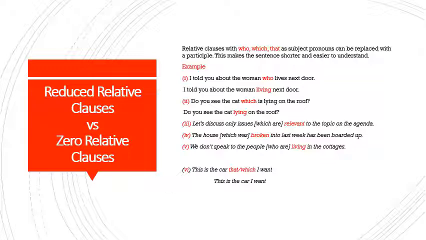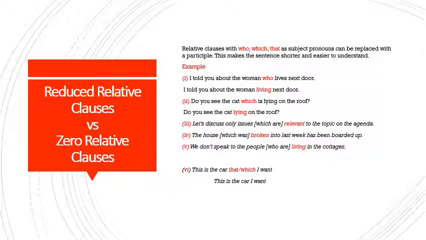Consider sentences number 1 through 5, from I told you about the woman who lives next door to we don't speak to the people who are living in the cottages. Okay, I'll give you some time to go through them.